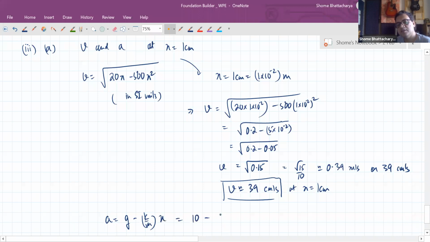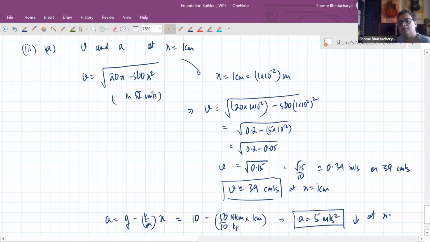So 10 minus 50 Newton per centimeter divided by mass in kg into 1 centimeter. Here I can substitute in centimeters because I've taken this in centimeters per second. So acceleration will become 5 meters per second square downwards at x equal to 1 centimeter.